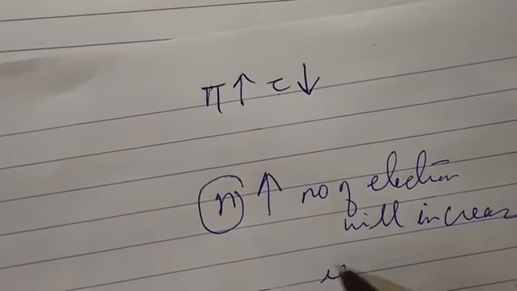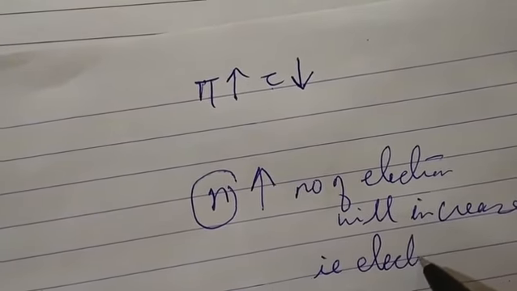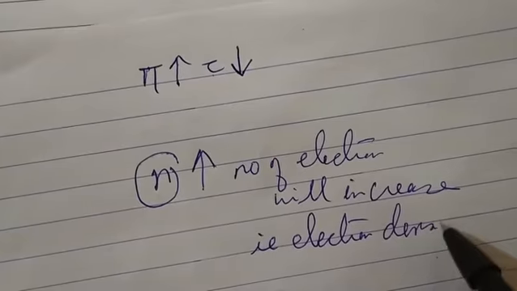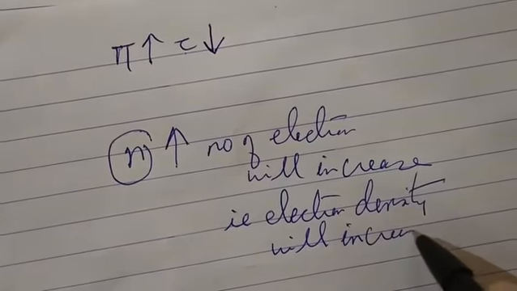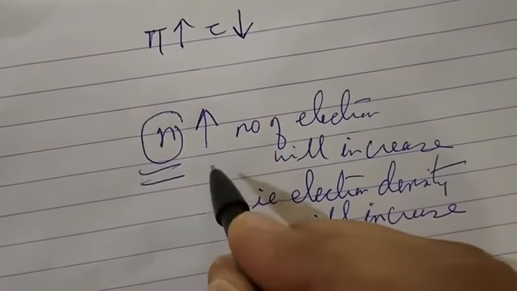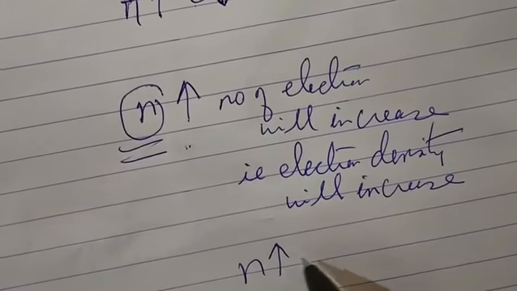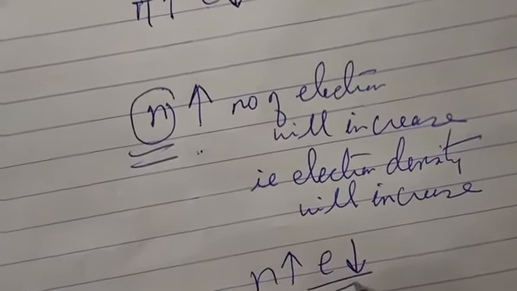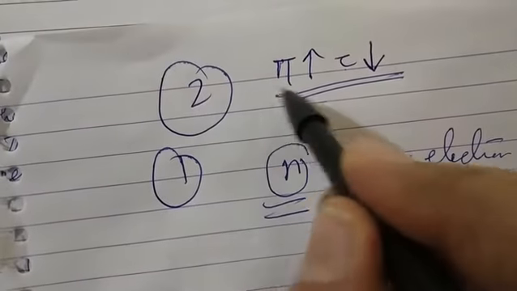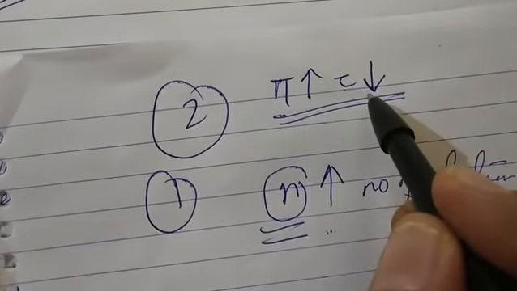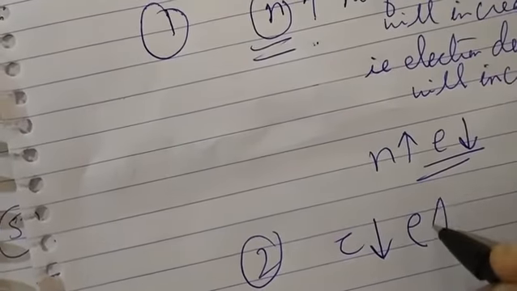If tau decreases, resistivity will increase.